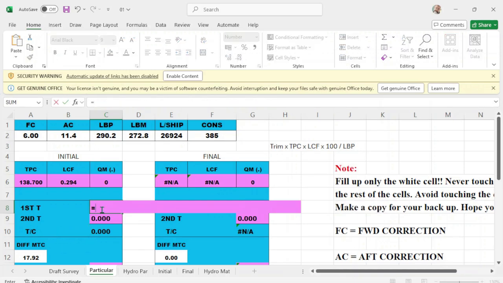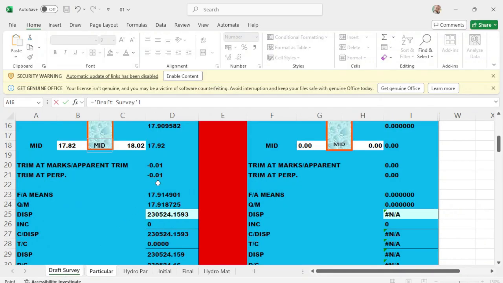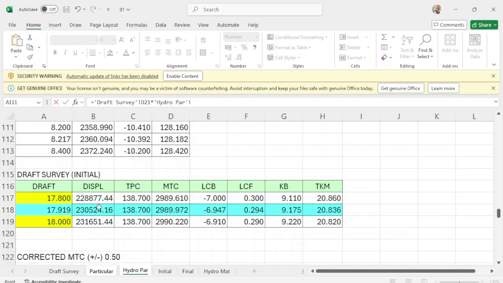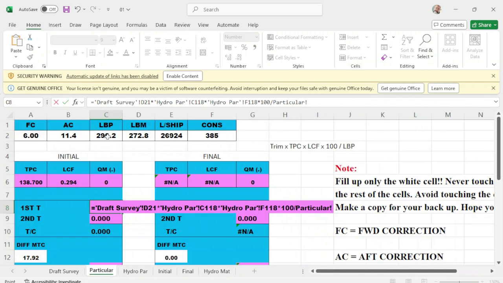Okay. Equals trim times TPC times LCF times 100 over LBP. LBP is this one.